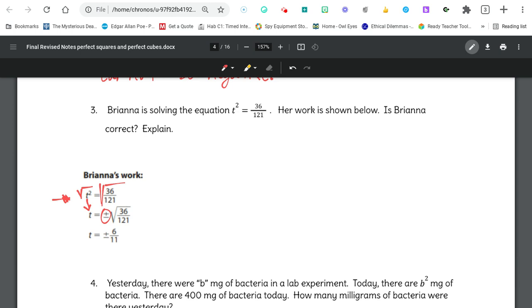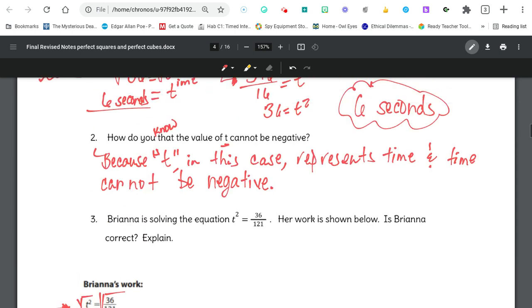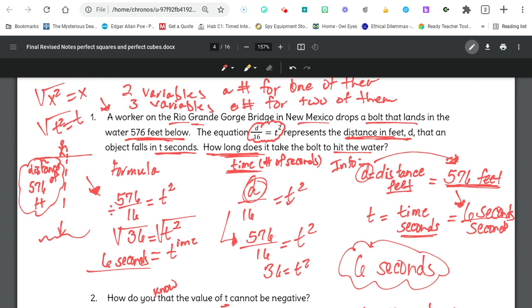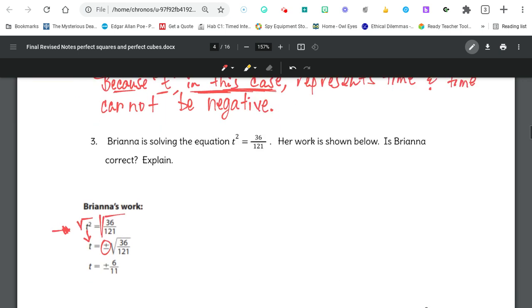So everything looks right to me, but some students think that she shouldn't have written the plus or minus because in their mind, they're still thinking that T represents time. Well, this is a completely different problem. So look back up here. It says because T in this case is referring to this application problem right here, the one where the boat was dropped off the bridge.